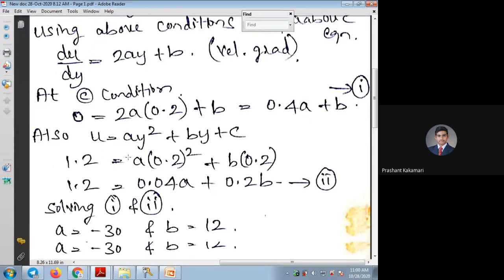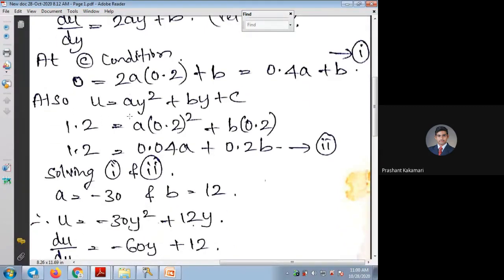So here I'll name this equation at the third position, 1.2 equal to 0.04a plus 0.2b, as the second equation. Now by calculator or by solving these two equations, one can find out a as minus 30, b as 12. So please try with the calculator to solve these two equations to find the two unknowns.